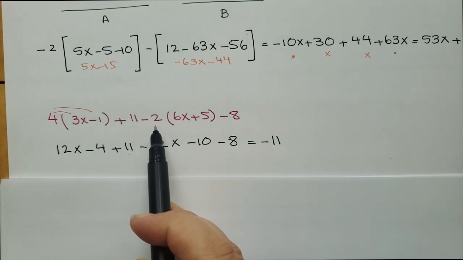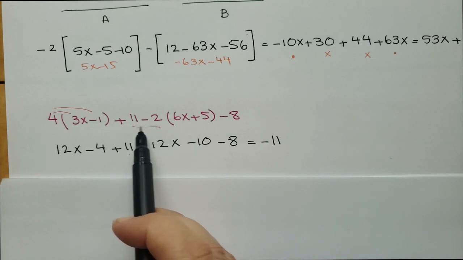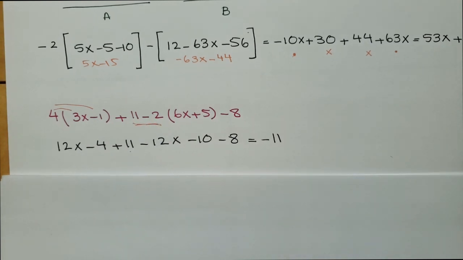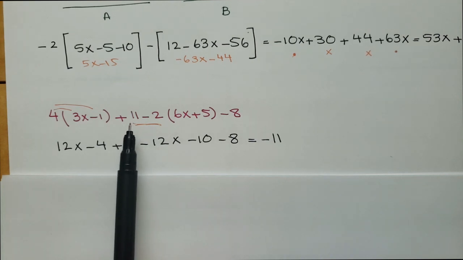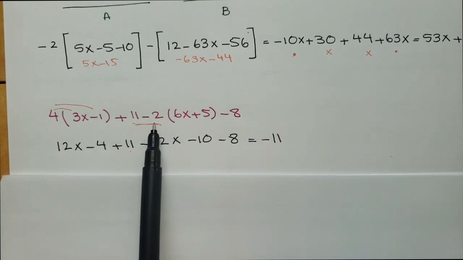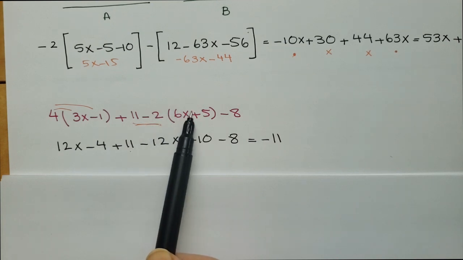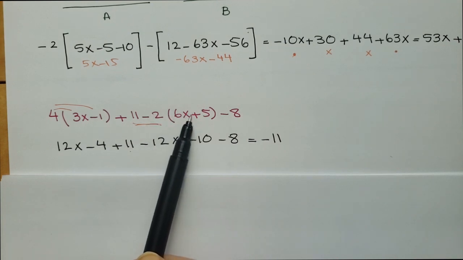But here, negative 2, I just want you to pay attention that in maths, multiplication always has priority over subtraction. So here you cannot subtract 2 from 11, but 11 would stay on its own, and the negative 2 will be multiplied by this parenthesis.